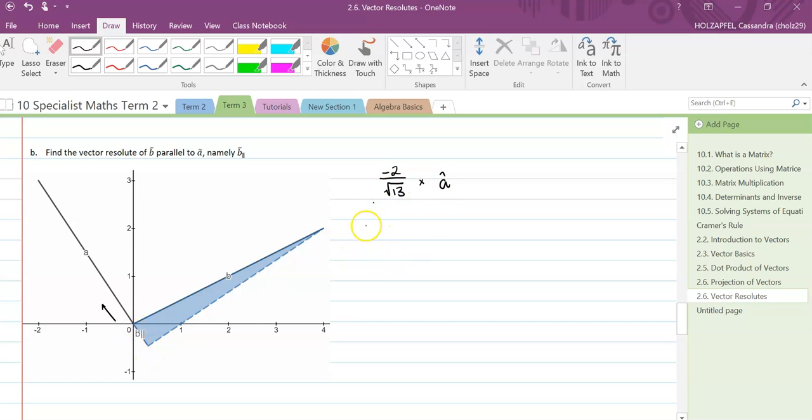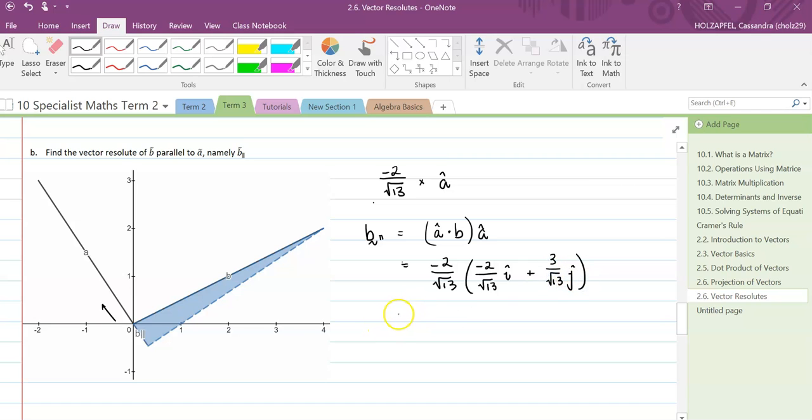So remembering that formula, when our vector or our projection is parallel, we're going to use these parallel symbols. That's going to be equal to A dot B multiplied by our unit vector, which is kind of intuitive, I think, at this point. So that's going to be equal to negative 2 over root 13 multiplied by our unit vector A, which was negative 2 over root 13 i plus 3 over root 13 j.